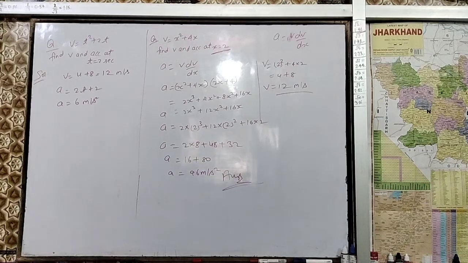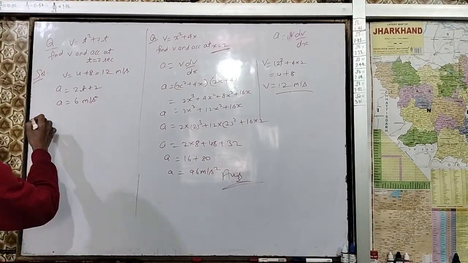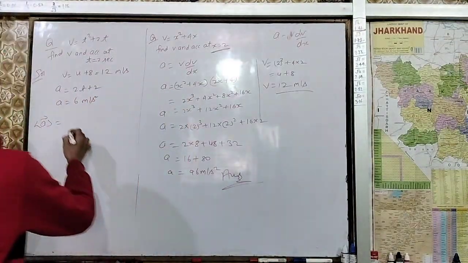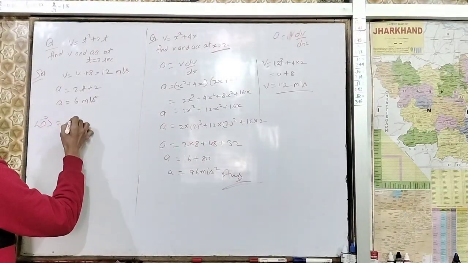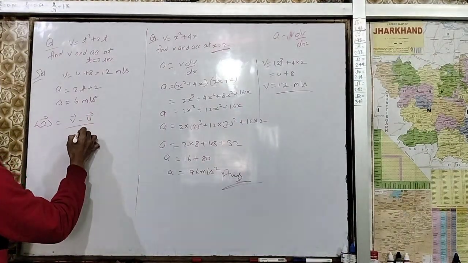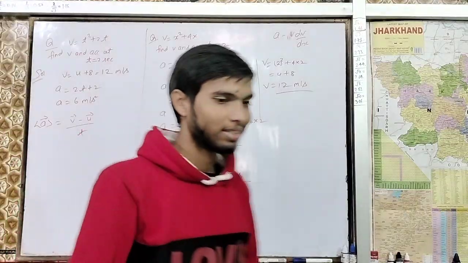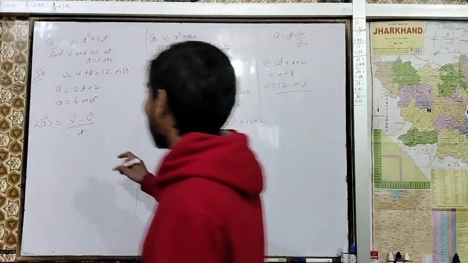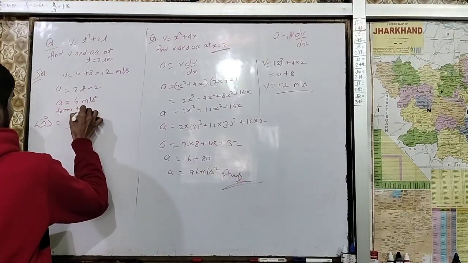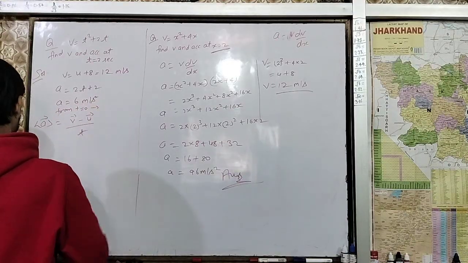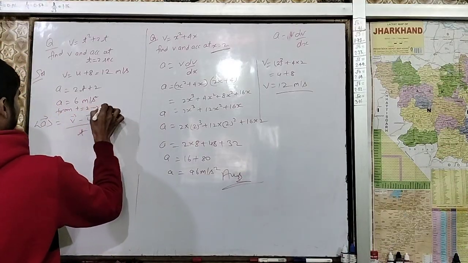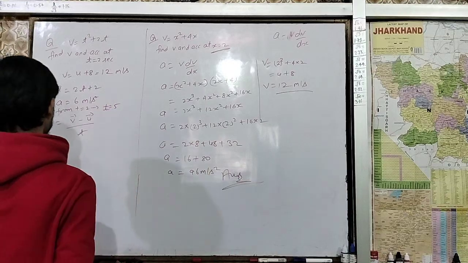Can you find the average velocity in this question? Average velocity means final velocity minus initial velocity upon t, and the time is from t equal to 2 till t equal to 5.